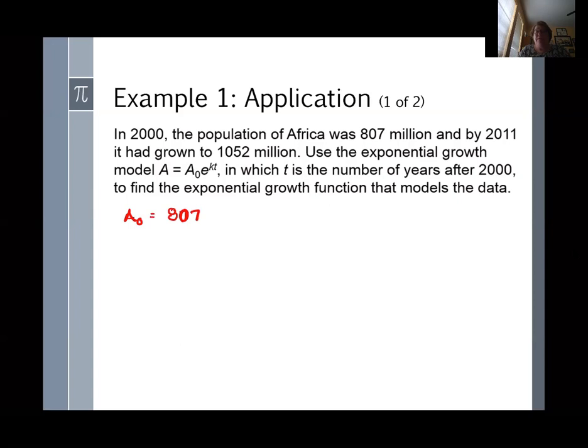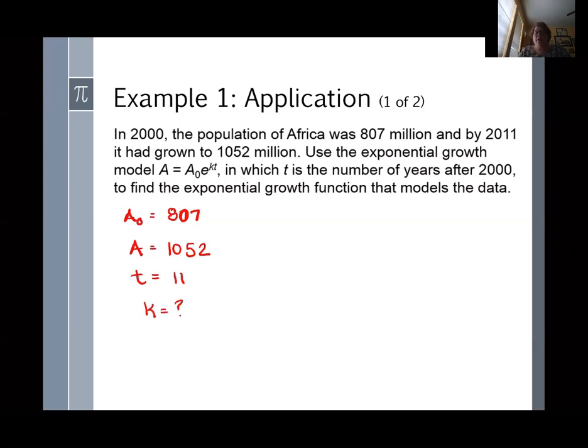And by the year 2011, it had grown to 1,052 million. So the population I have after 11 years is 1,052 million. So that's A. And they tell me this occurs from the year 2000 to the year 2011. So that's 11 years. So time is 11. t equals 11.